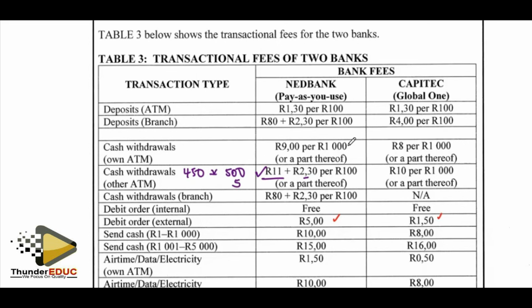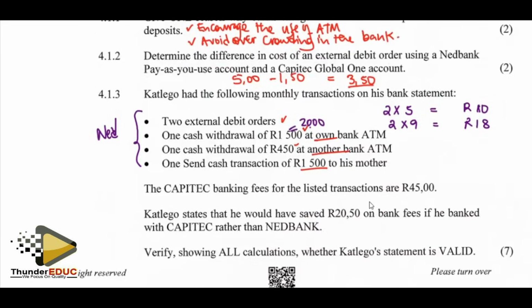There are 5. So it will be 11 plus 2.3 times 5, where the 5 comes from the hundreds. Which is 22 rands 50 cents.